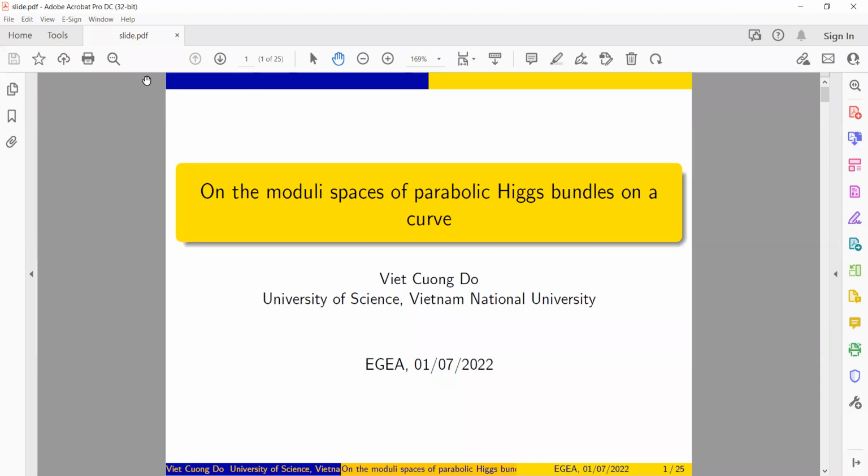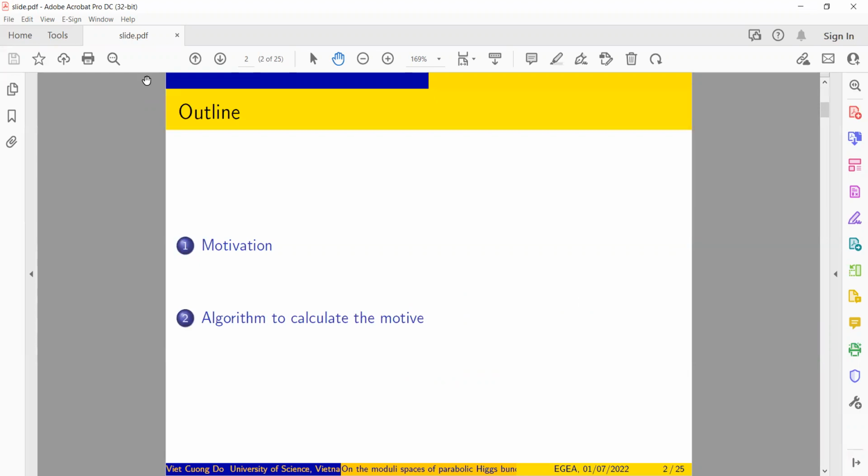So today I would like to give a talk about the moduli space of parabolic Higgs bundles on a curve. My talk has two main parts. In the first part, I will give you some motivation for why I want to study Higgs bundles, and I try to convince you that it's a very good subject and plays a crucial role in many branches of mathematics.